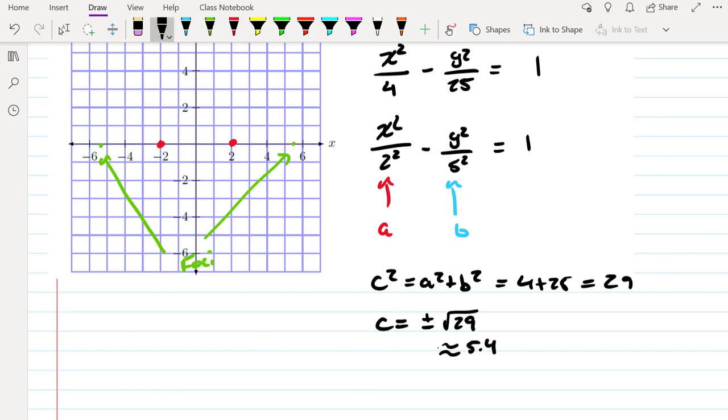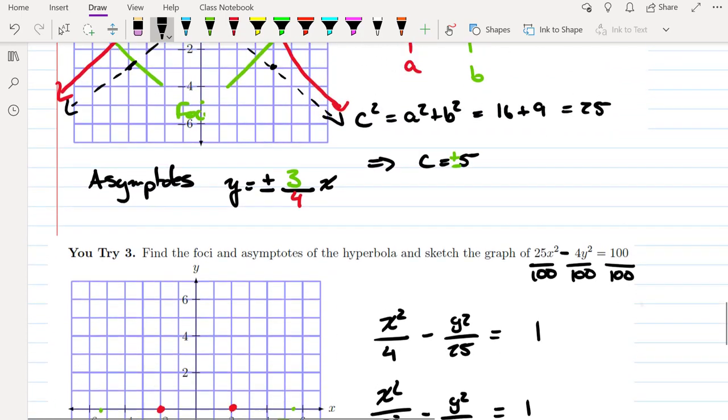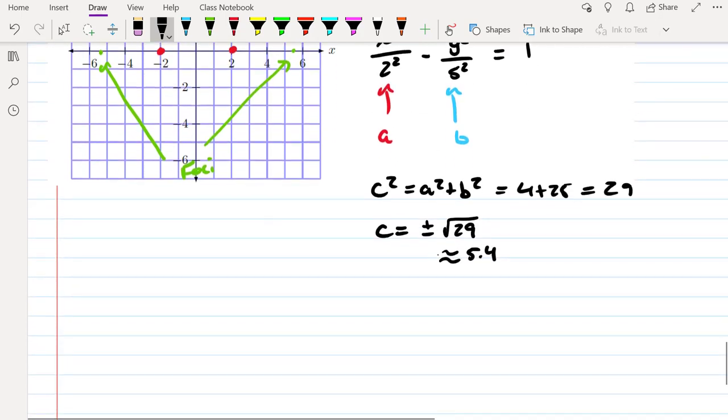And our asymptotes this time are still going to be our b over our a.